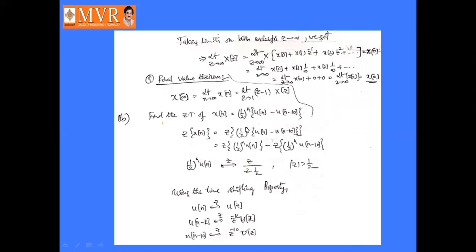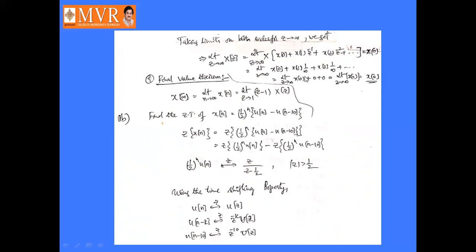Taking limits on both sides, z tends to infinity, we get limit z tends to infinity x of z is equal to limit z tends to infinity of x of 0 plus x of 1 into z power minus 1 plus x of 2 into z power minus 2 and so on, which is equal to x of 0, right? So limit z tends to infinity of x of 0 plus x of 1 into 1 by infinity plus x of 2 into 1 by infinity and so on.